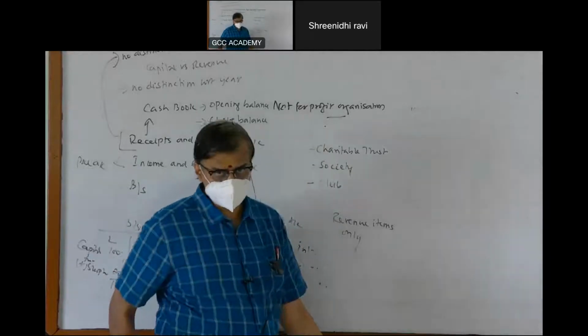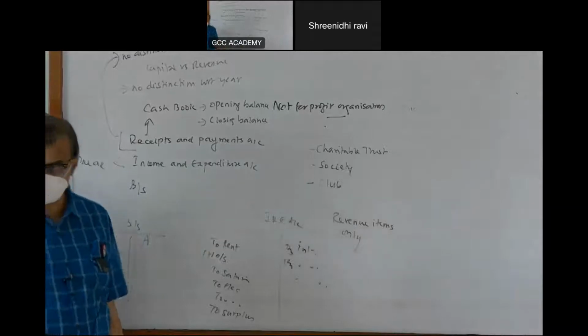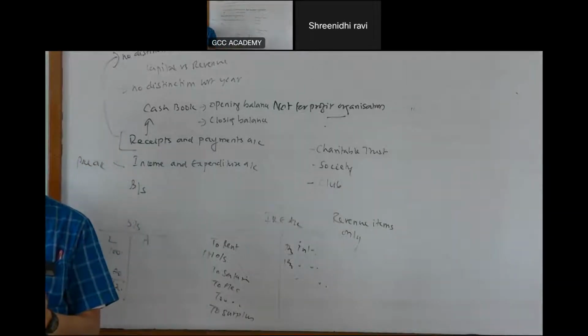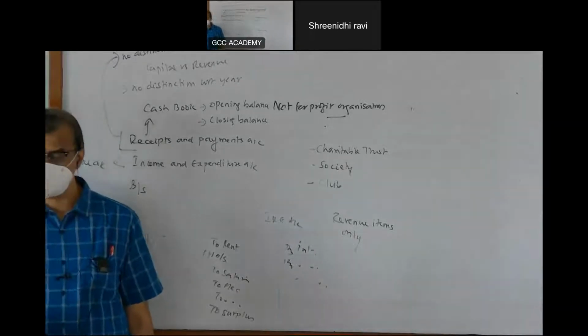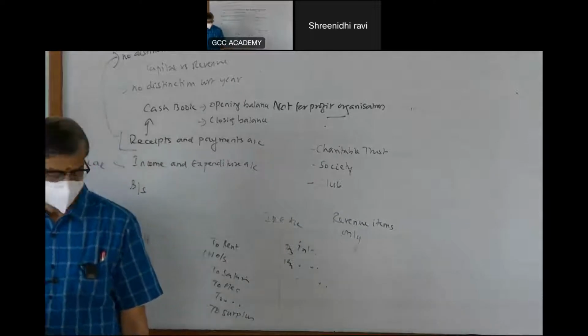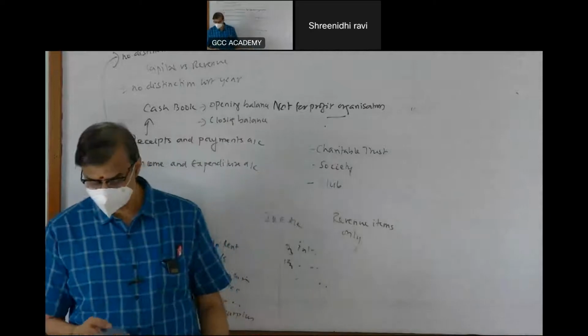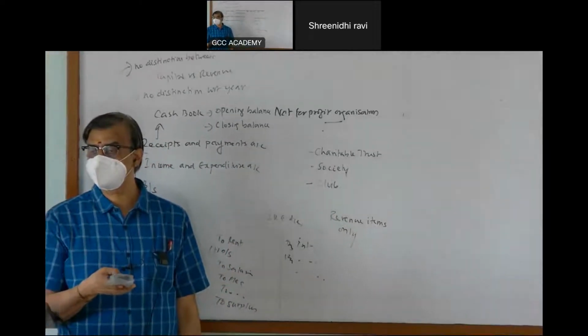So it is very simple to understand how to prepare a receipts and payments account. Whereas next, the income and expenditure account. An income and expenditure account records expenditure on the debit side and income on the credit side.